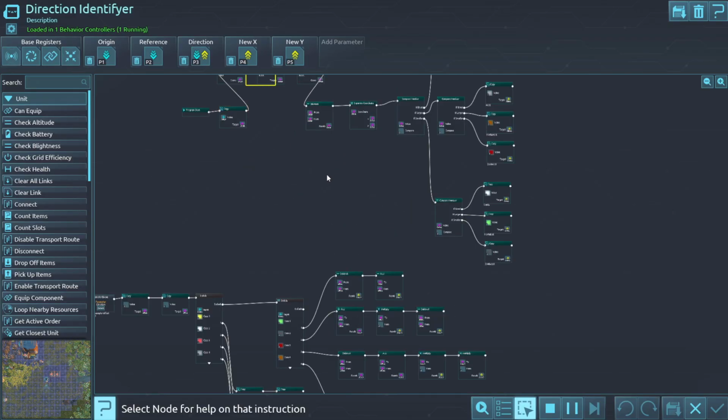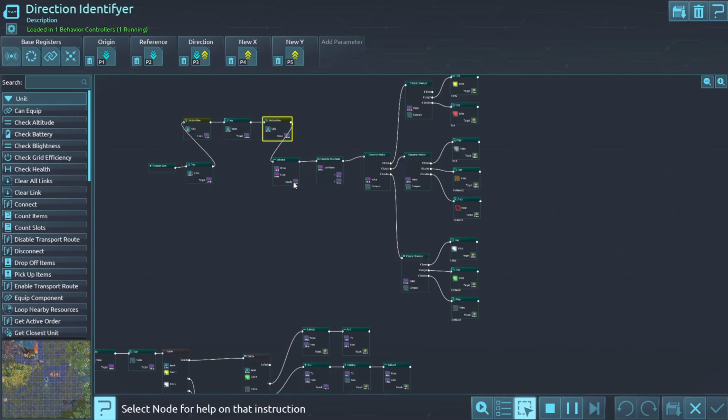And so this just uses the difference in the x and y value, so the delta of the x and y value between 2 points, and then determines the direction based on that difference. And so it's actually pretty easy to deal with.